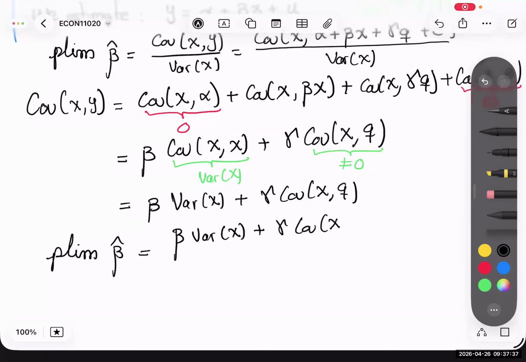And clearly, the denominator is just the variance of X.